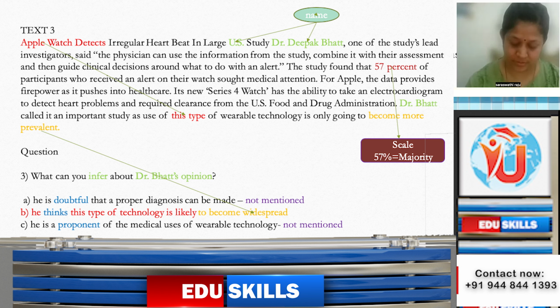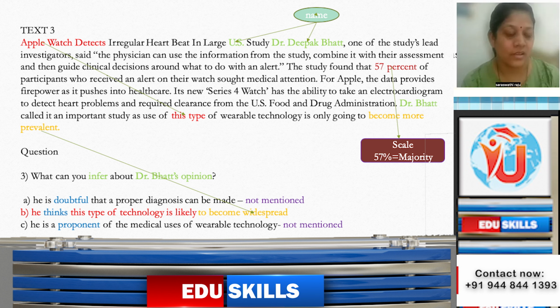But the thing we are confused about here is, as you said, it is "thinks", but it is also distracting in the answer option. "He thinks" means it is not mentioned anywhere what he is thinking about. He is confirming here, so we will get confused during the exam if it is given like this.